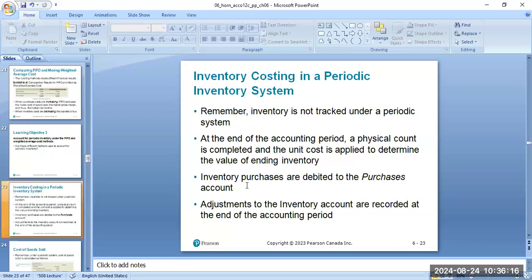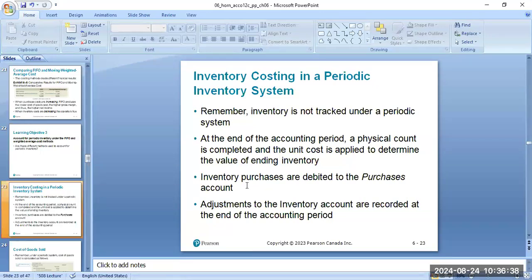What that means is, at the beginning of the period, we're starting with the balance which we counted last period. So at the end of the accounting period, we count the ending inventory. That ending inventory becomes beginning inventory.